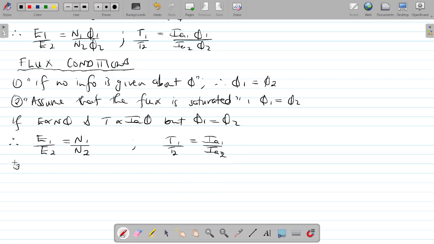Then we have these ones. For the first one, it says assume the flux is proportional to the field.